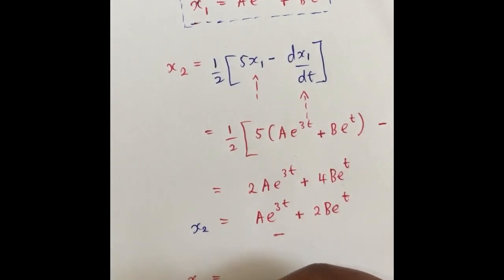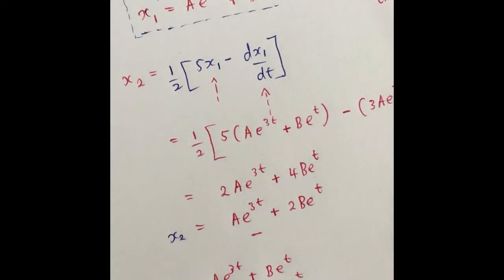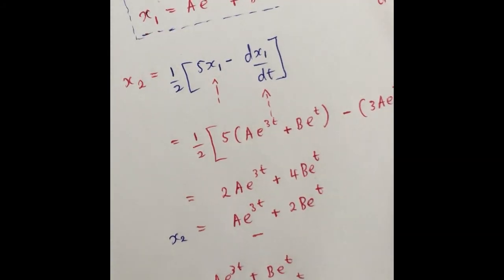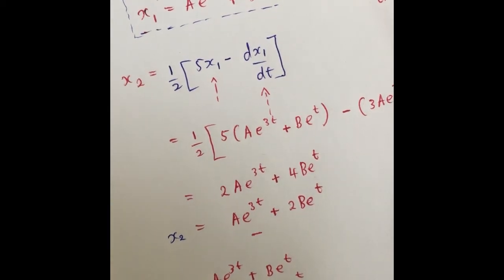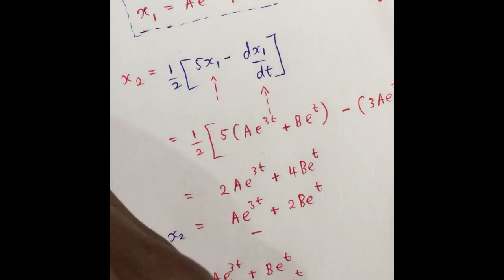The general equation of our x1 was a e to the 3t plus b e to the t, and x2 is a e to the 3t plus 2b e to the t. So these are the general equations.